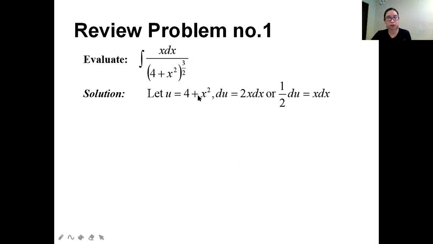If we derive u, the derivative of this one is 2x dx.